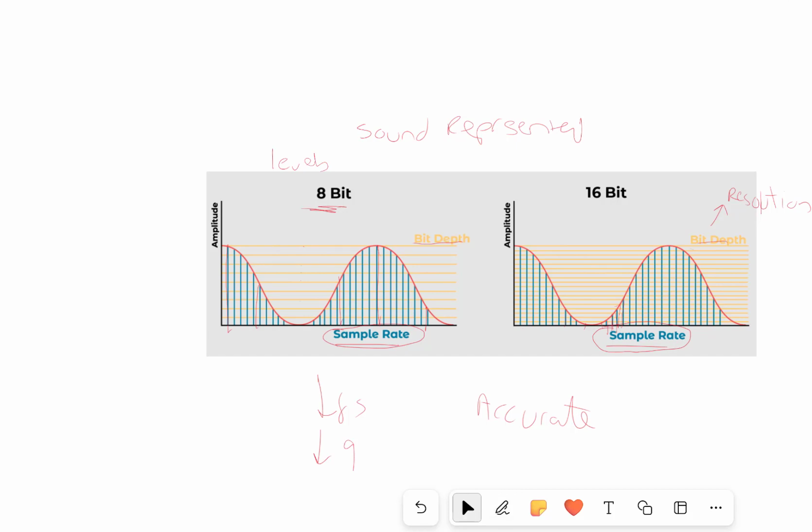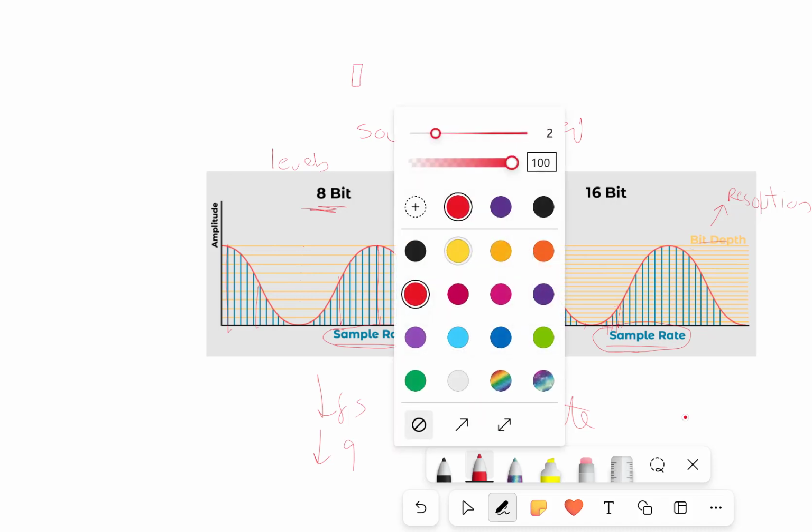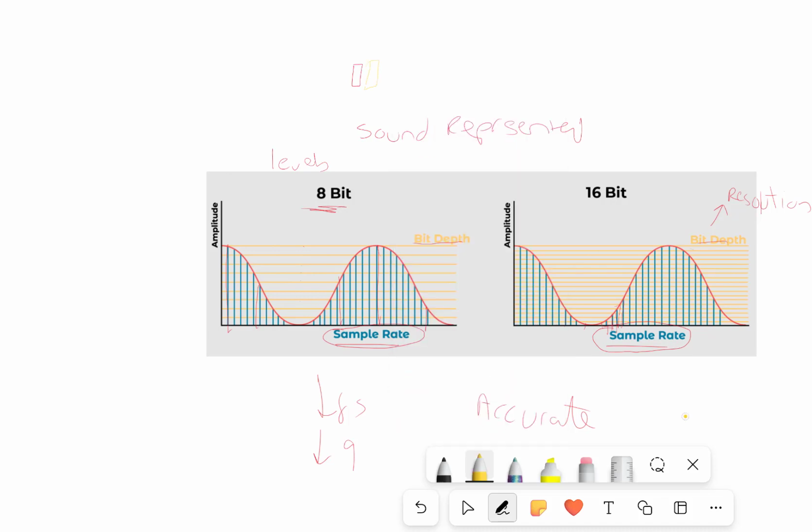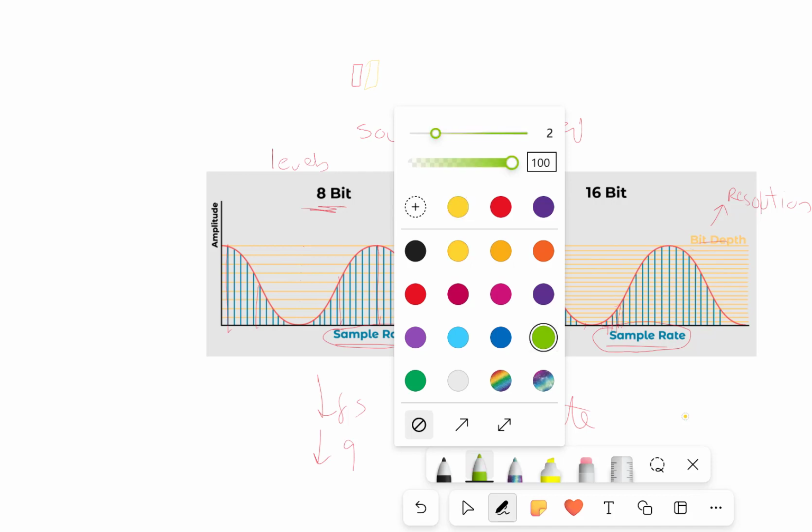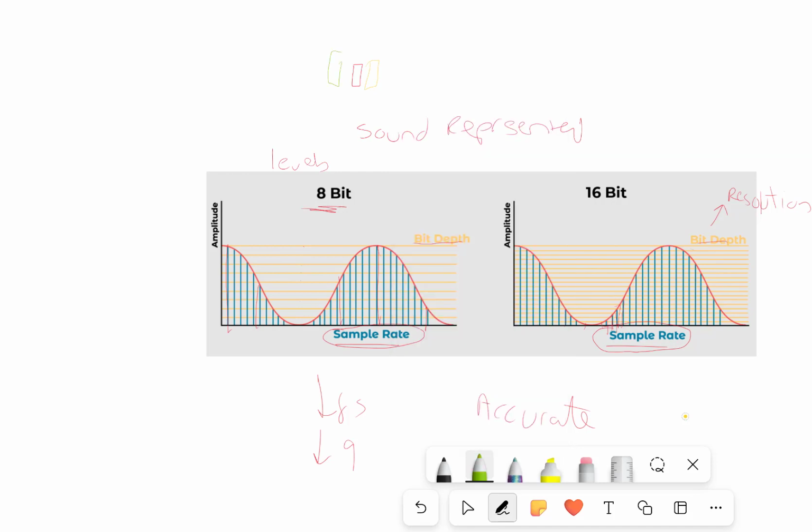Why is that? So let me give you an analogy for this to begin with. Think of bit depth like the number of crayons you've got in a box. So we've got a red crayon, we've got a yellow crayon, and we've got a green one. If we've only got a few crayons to draw this picture, we've got a low bit depth or resolution.